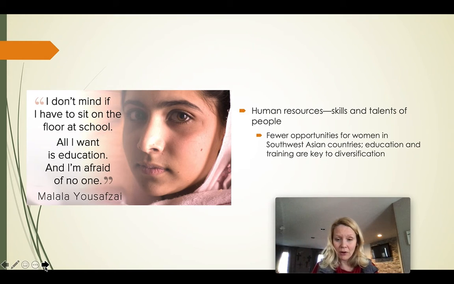It's a very democratic way of thinking, but Southwest Asia has not typically been very democratic minded. It's not until probably the last half of a century, maybe even 25 years, that they have given more opportunities. We realize that education is probably the key.